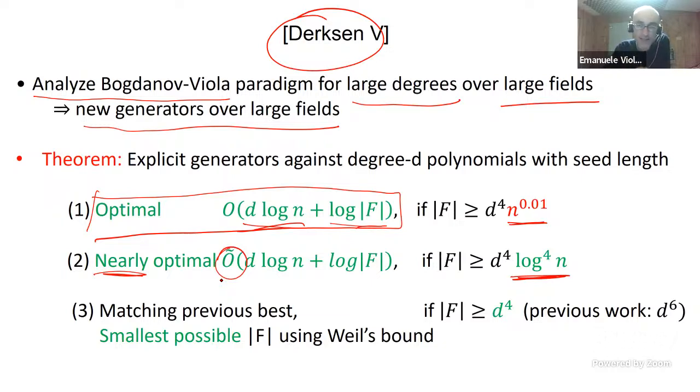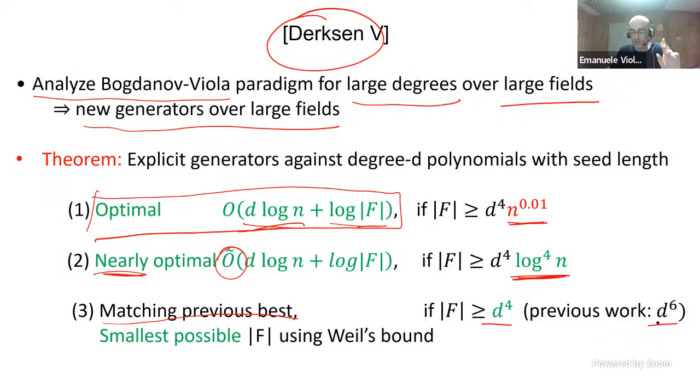And now if you're really stingy with your n, and you want no dependence on n, then we can match the previous best seed length, the one that comes from the Bogdanov construction, but we only require field size d to the power 4, while the previous work had d to the power 6. Now maybe you think, who cares, it's just 4, 6, 3, 4, 5.